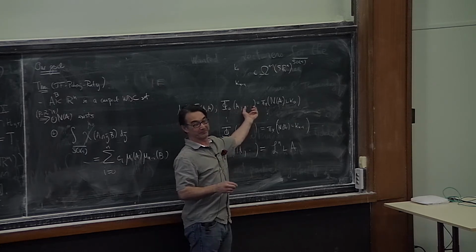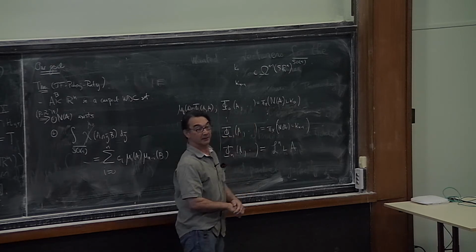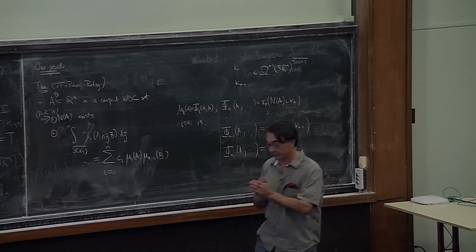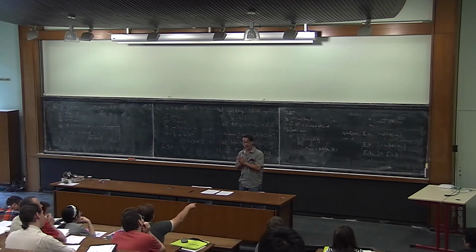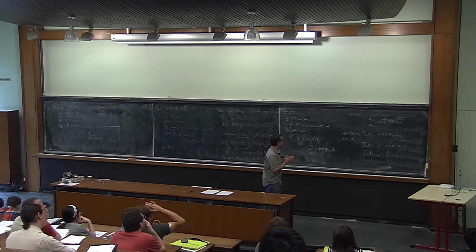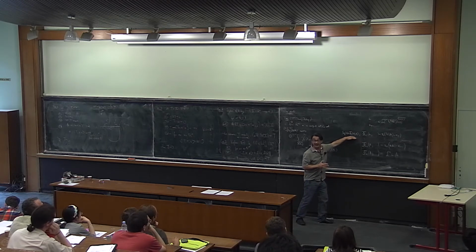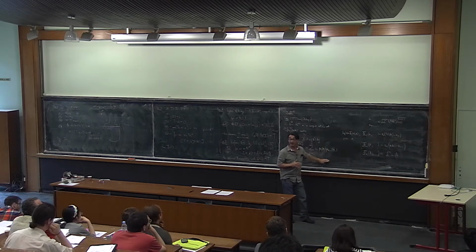Okay. And what's the intuition? So what are these things? These guys here, when we take their total variations, they're the quantities that arise on the right hand side of the kinematic formula.